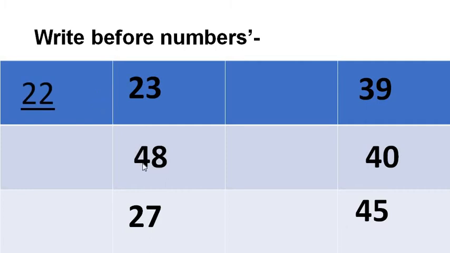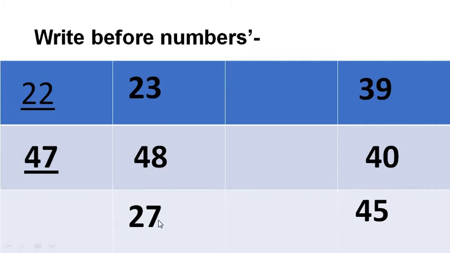48. Then 41, 42, 43, 44, 45, 46, 47 and 48. So which number comes before 48? Have you heard properly? It is 47. Next is number 27. Which number will come just before 27?